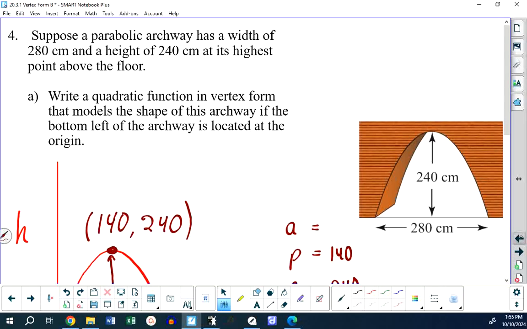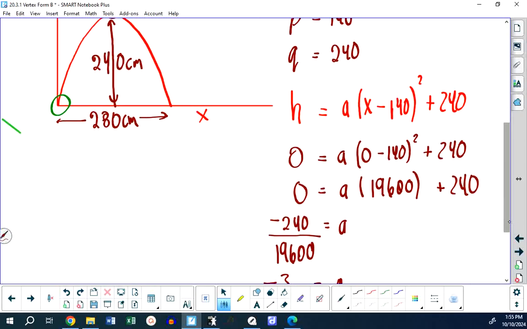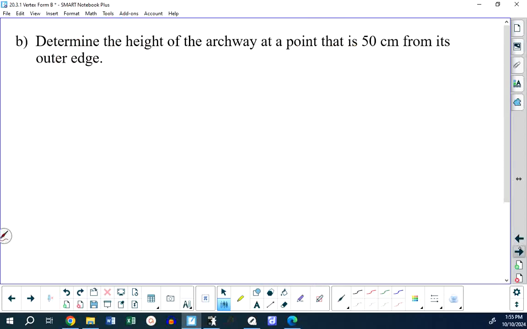Well, all that's asking you to do is to go over here at 50 centimeters and find out how tall it is. It's asking you to put 50 in for x and find the height.